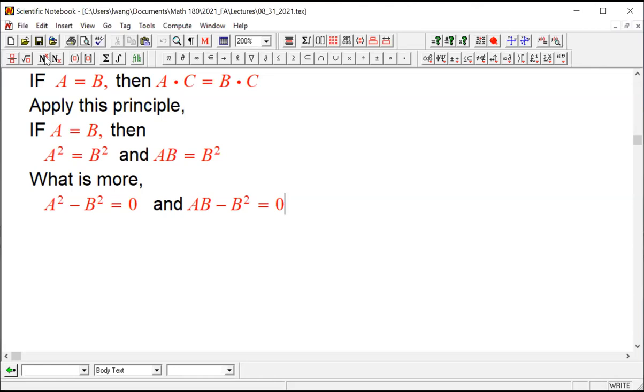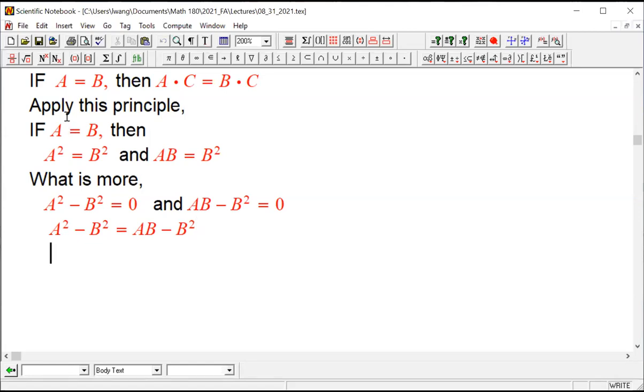Yes, because you see, I multiply both sides by the same number. So if A squared minus B squared is 0, and AB minus B squared also is 0, they're both 0. Therefore, could I claim that A squared minus B squared is the same as AB minus B squared? They're the same, right? Because they're both zeros. This is 0, and this is 0, and 0 equals 0, right? Yes. Okay.